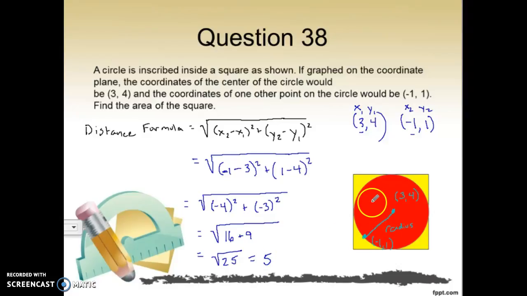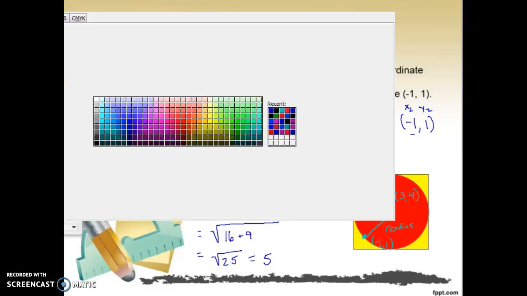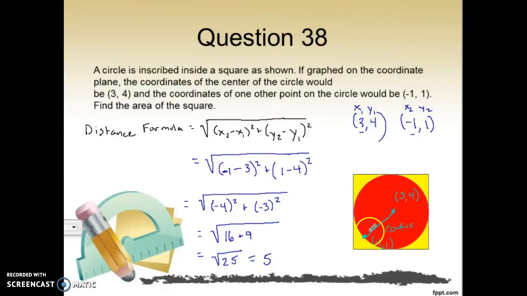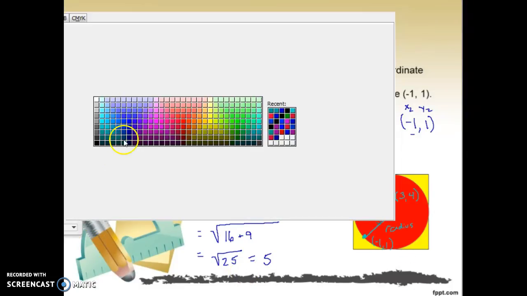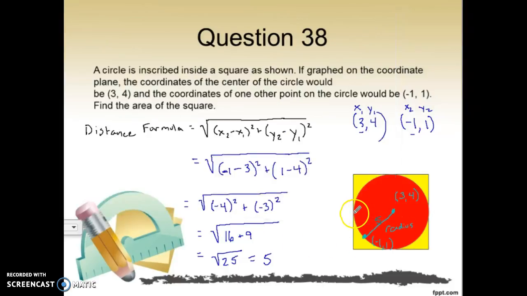So the length of my radius is 5. Let me switch colors here so you can see it. Any radius of the circle is going to be 5, so this would be 5. What would this radius from here to here be?